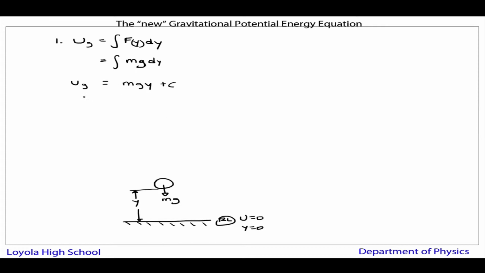So if potential energy is 0 when y is equal to 0, that term goes away, which implies our constant is 0. And so our potential energy function is the one we've been using, mgy. That's where it came from. So that's our result there.